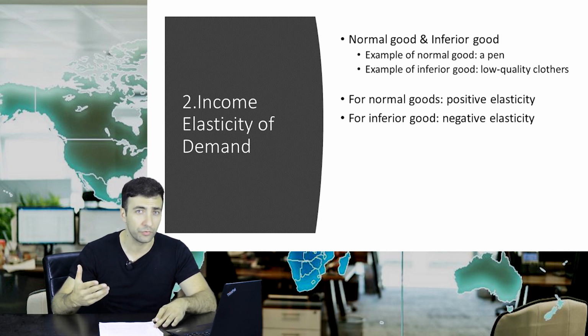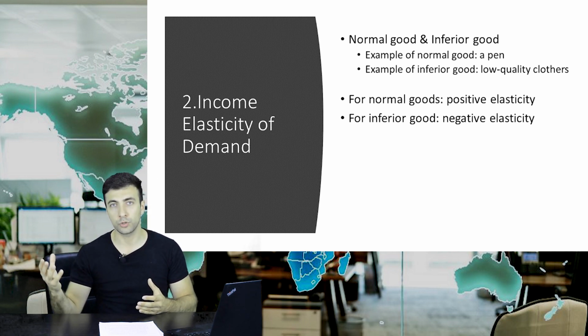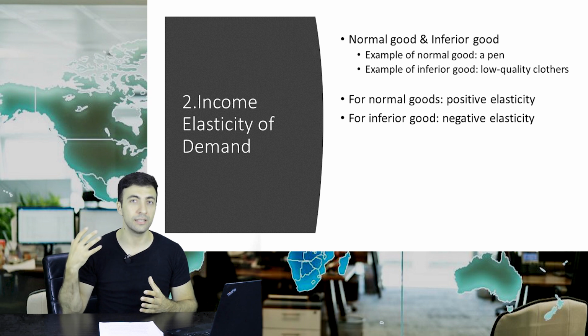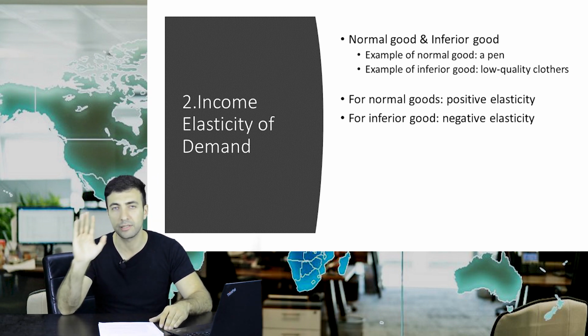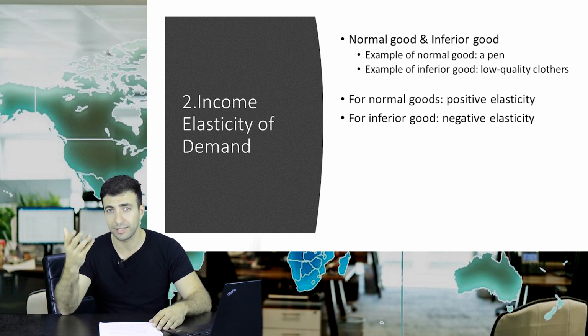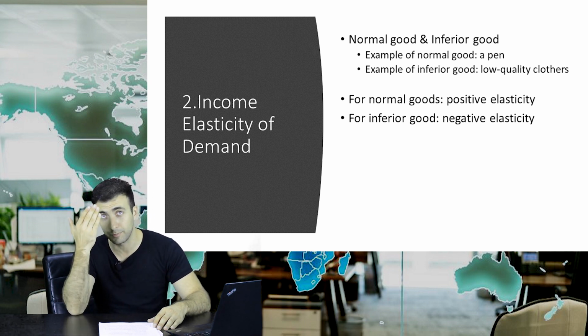Income elasticity of demand is the elasticity of demand in terms of the income of the individual. What does it mean? So the formula is again very simple. Just when you see elasticity, it means that this is a ratio. If this is own price elasticity, it is the ratio of the percentage change in quantity demanded to the percentage change in price.